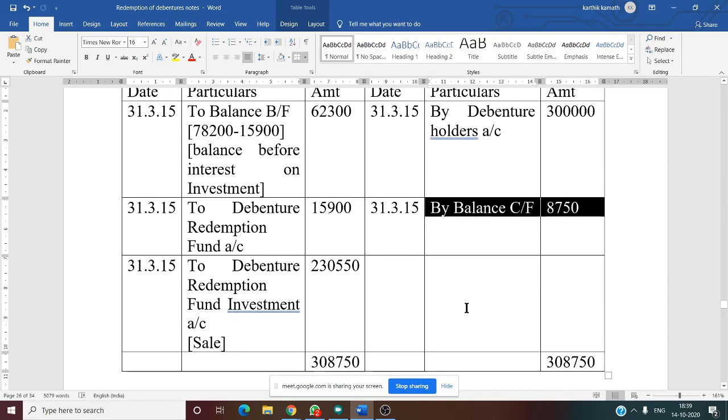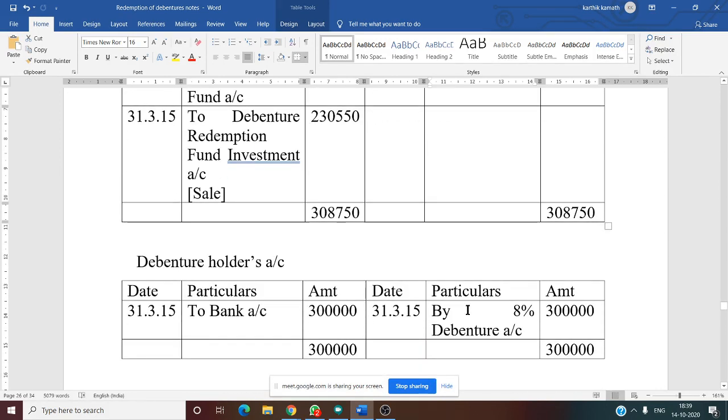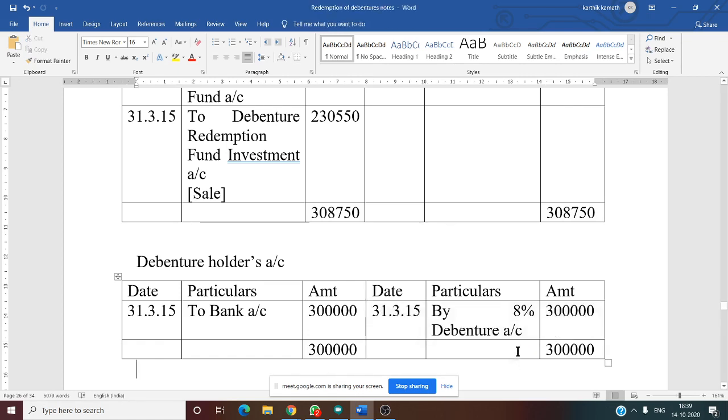The last account we need to do is the debenture holder account. The debenture holder account has a credit balance, so on the credit side you need to start and write the due amount. How to write the due amount? You can see the first account, where we have written to debenture holder. So here we should write by debenture transfer entry, the due amount.